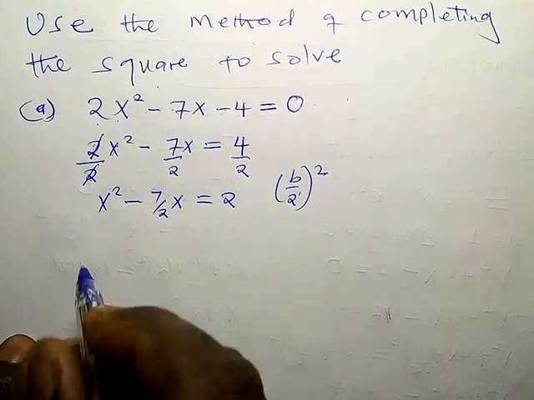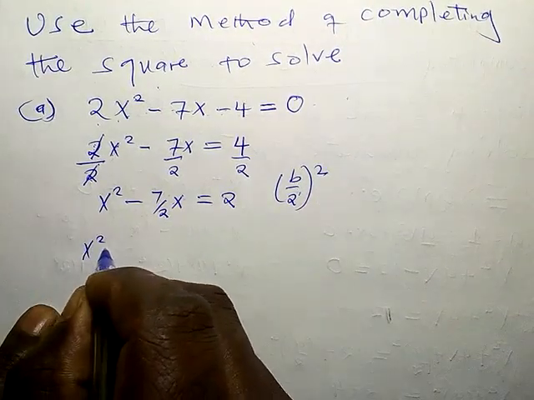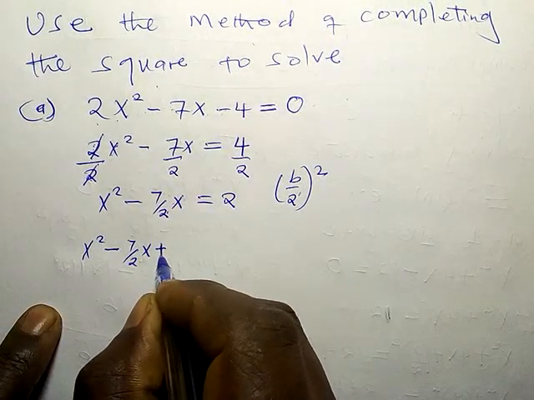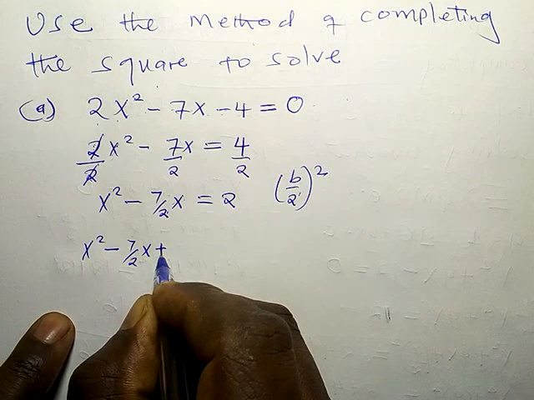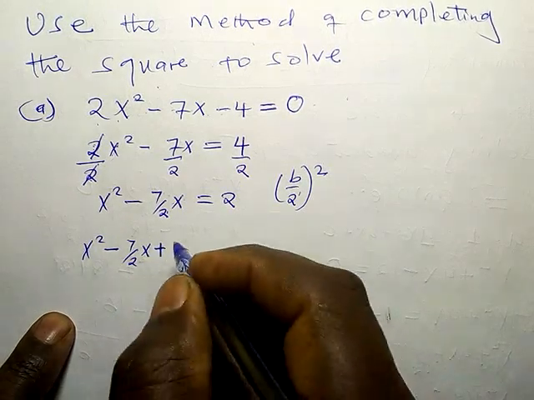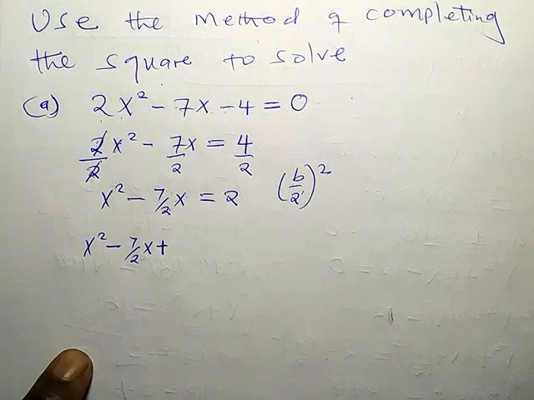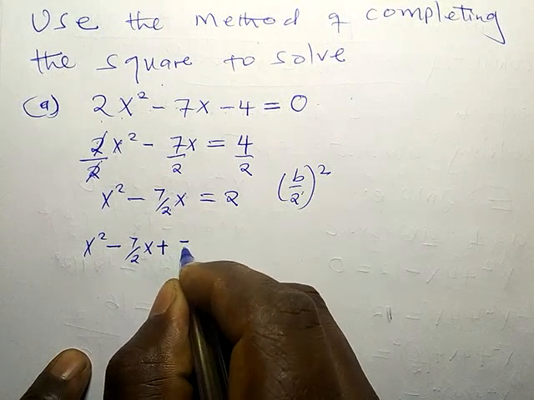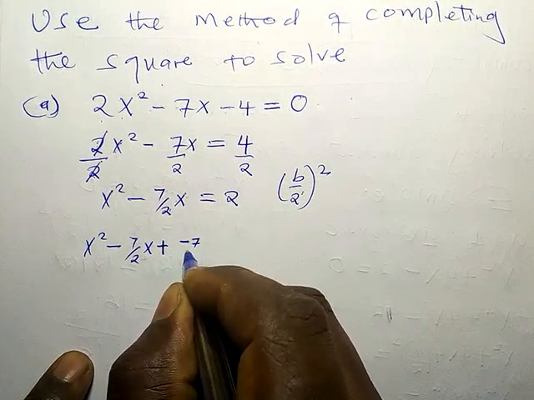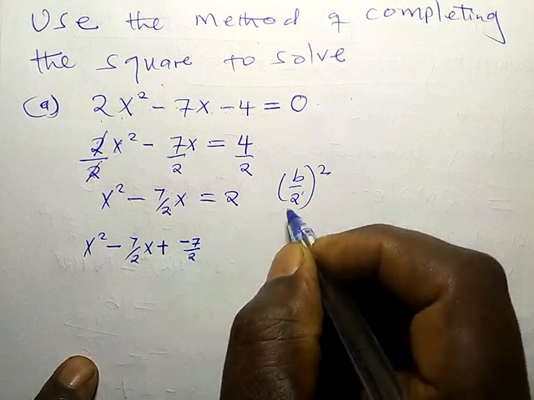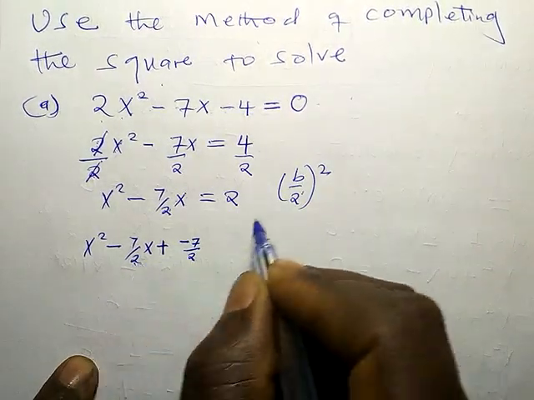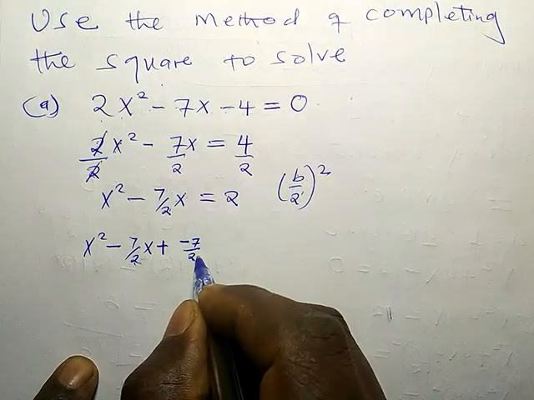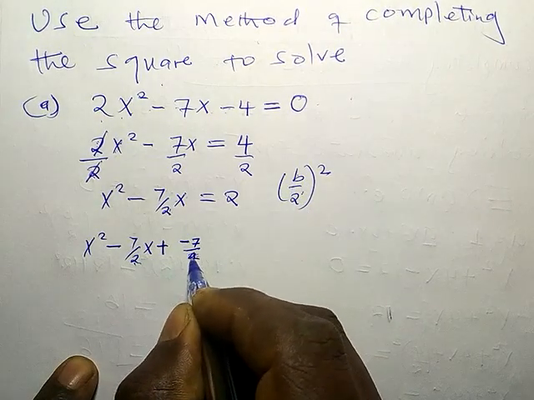So let us do that. x squared minus 7 over 2 x, you copy it the way it is, and then plus, now our b is negative 7 over 2, but remember this 2 was here, and ours should be b divided by 2, so there is another 2 here, times 2, so 2 times 2 is going to be 4.